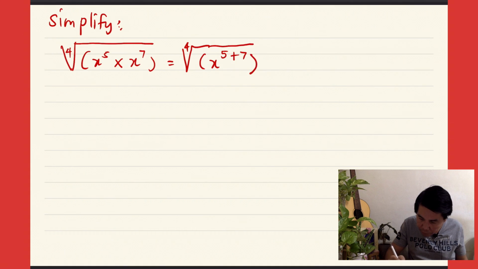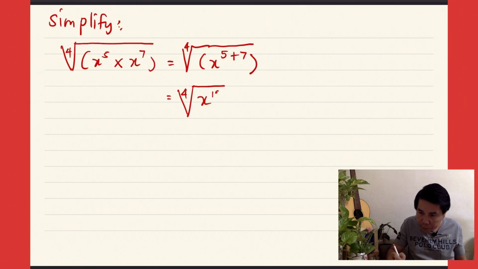So we have the fourth root of x raised to the power of 12, and then we have x to the power of 12 raised to the power of 1/4.